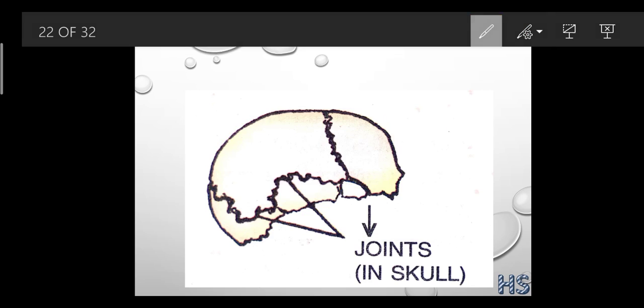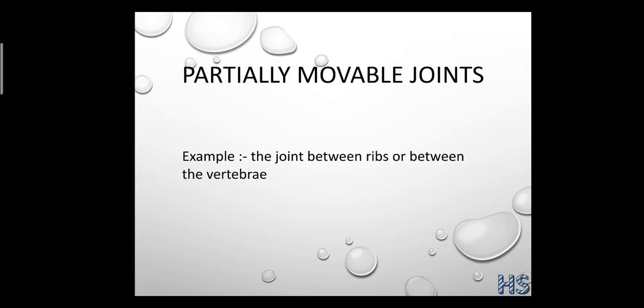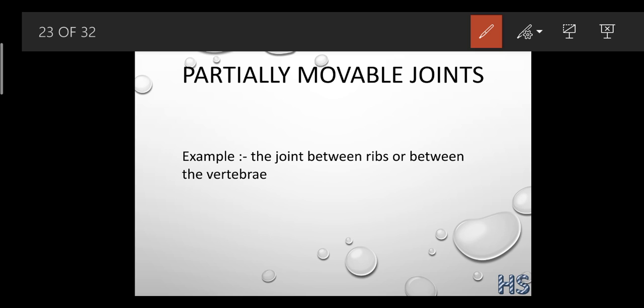Then we have the second type, partially movable joints. What do you mean by the word partially? Partially movable means this kind of joint shows only a certain movement, only small movements. Examples are the joints between the ribs, or the vertebrae. What are ribs? The front part of the chest.